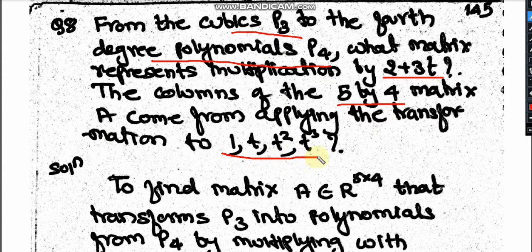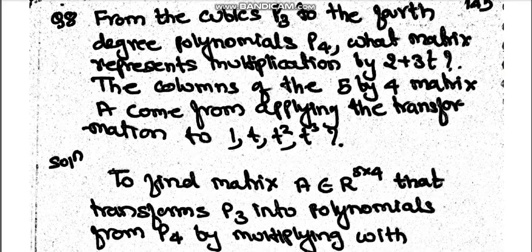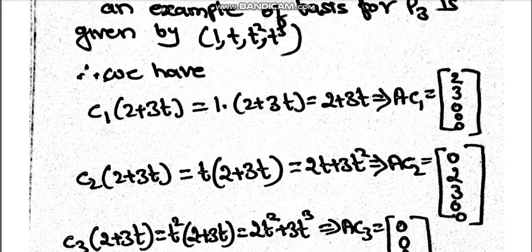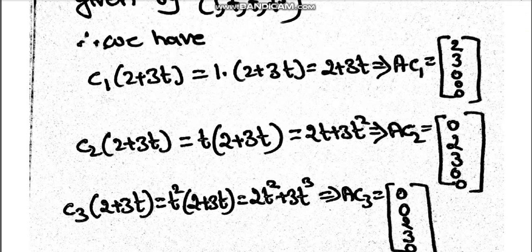This is the basis of the transformation, P1, P2, P3 and P4, so you automatically have 4 columns and 5 rows. As we have solved previously, I am taking the basis for this as 1 0 0 0 and for this as 0 1 0 0. Previous problems I have explained.